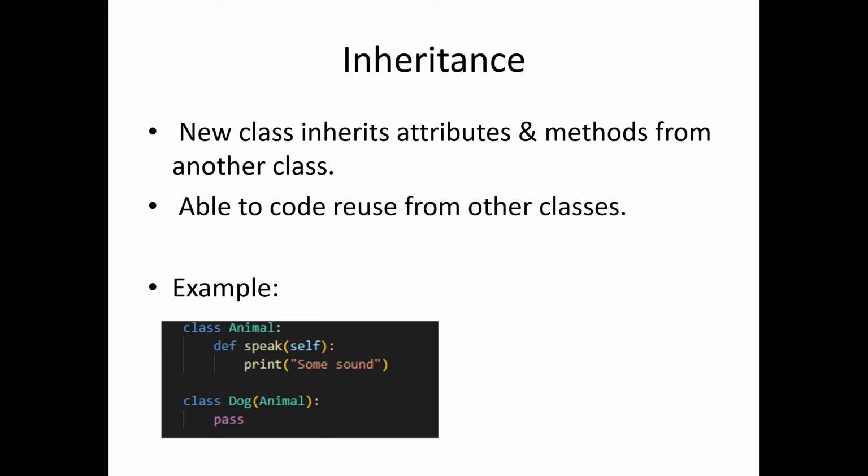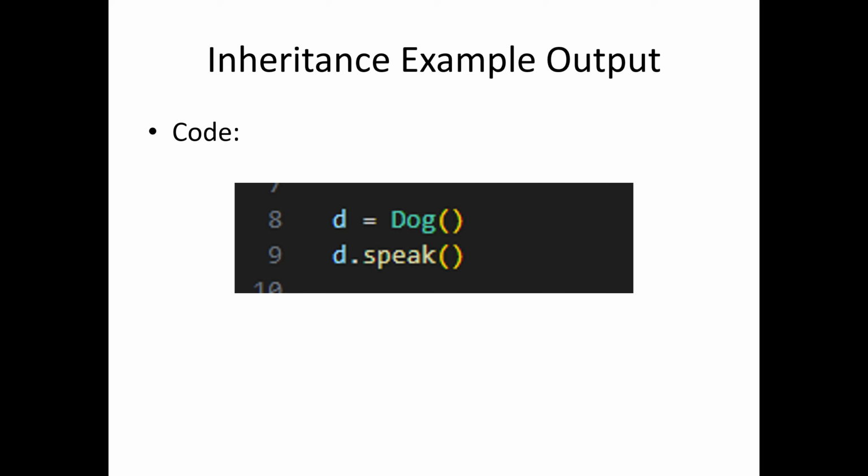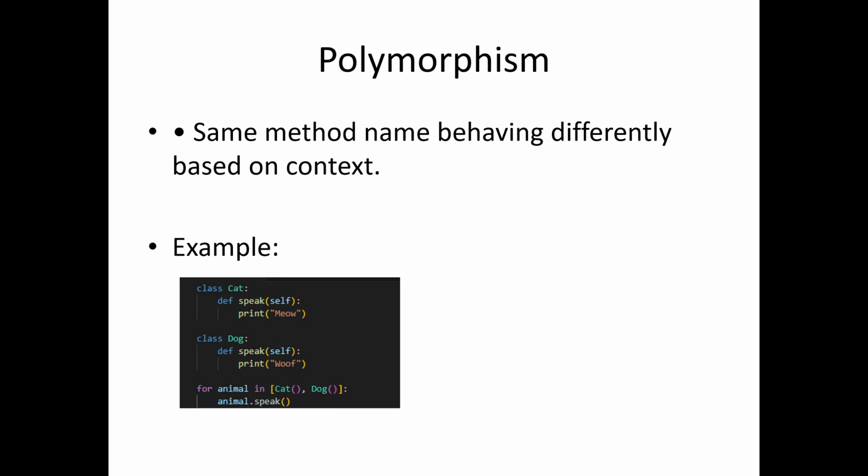We can use the Dog class. Here, d is assigned to Dog. d.speak. We change it up and it's going to say woof.